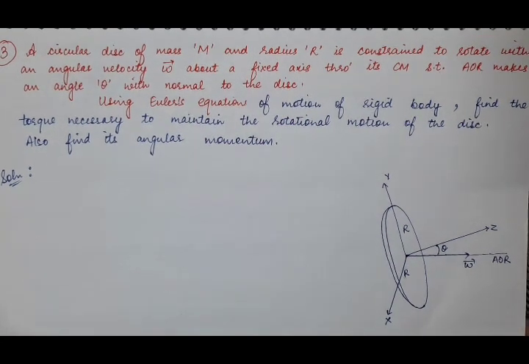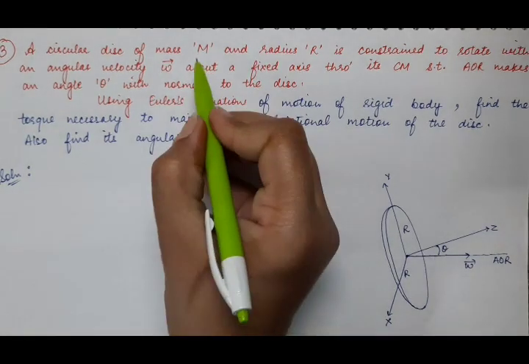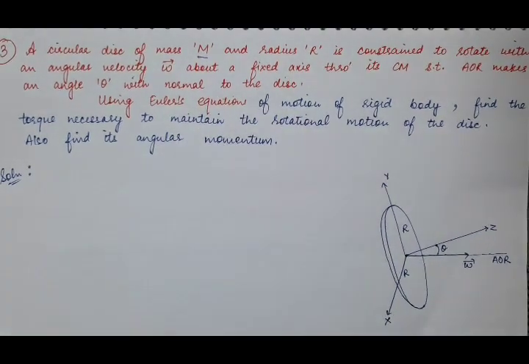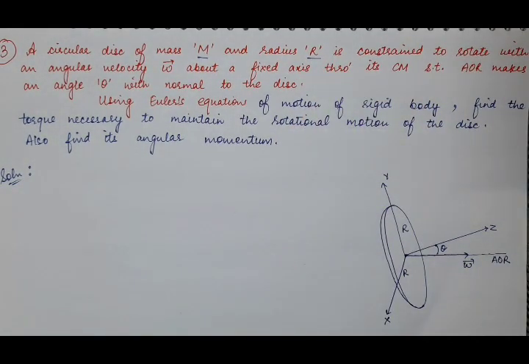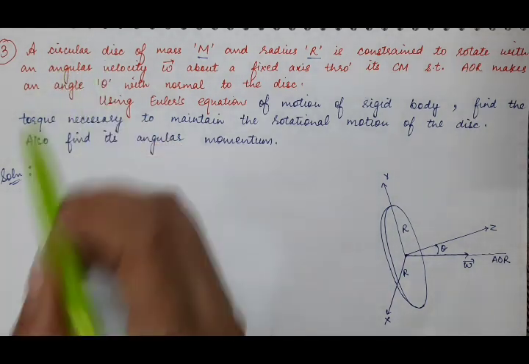Here we are given a circular disc. Instead of a two-particle rigid rotator, we have a circular disc having mass capital M and radius R. What is the condition on the rotational motion of this circular disc?